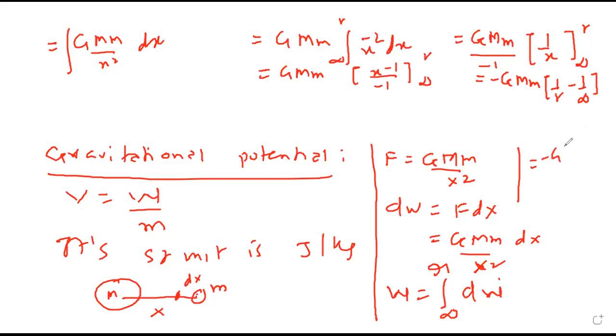So minus GMm upon r. Therefore work done upon small m is minus GM upon R. So gravitational potential is not R square but GM by R, negative, because you are traveling in the direction of field, we got answer negative. Gravitational intensity is GM by R square. This is minus GM by small r. Write full derivation properly, because from this we are going to get potential energy also.